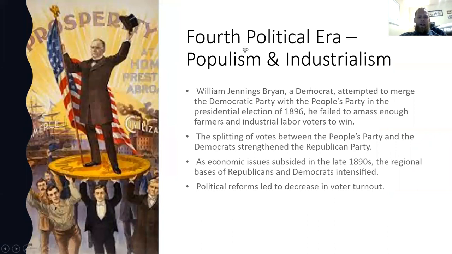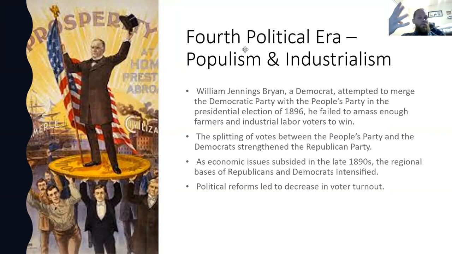So the fourth political era is populism and industrialism. This would be the late 1800s into the early 1900s. William Jennings Bryan, a Democrat, attempted to merge the Democrat Party and the People's Party in the presidential election of 1896. He would run for president four times and lose four times for the Democrats, but he is known as the most influential non-president in American history.